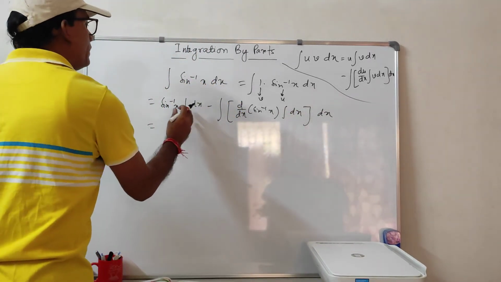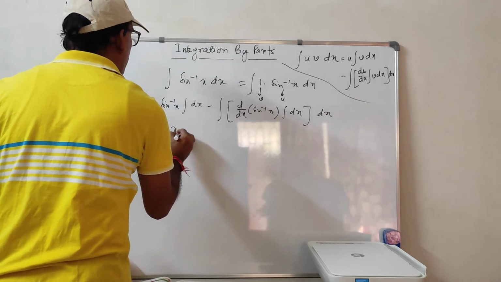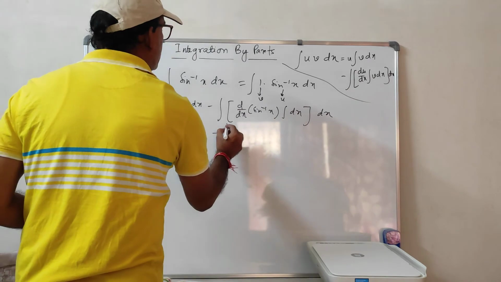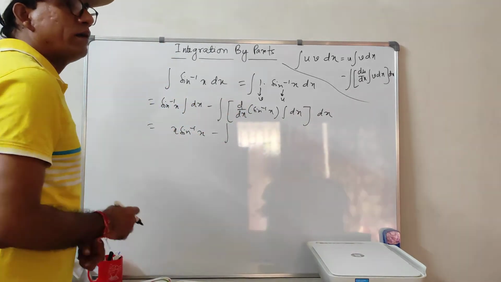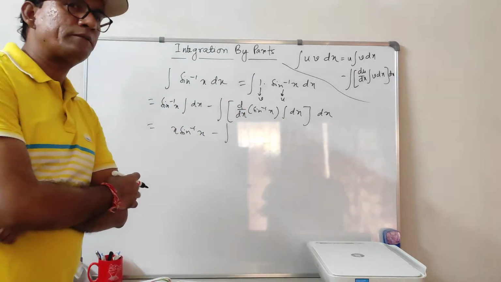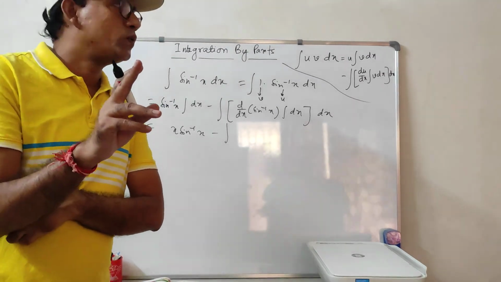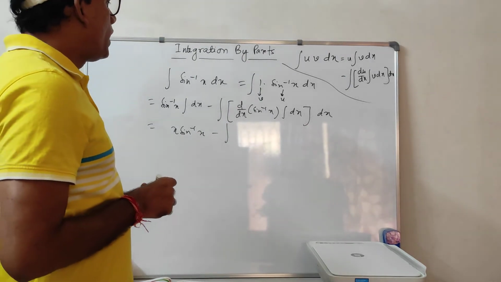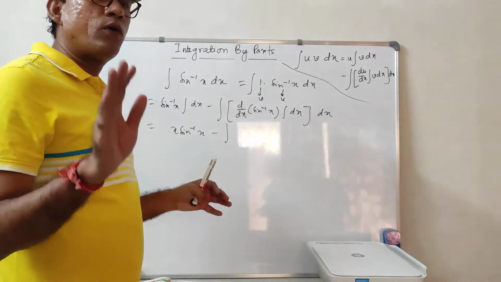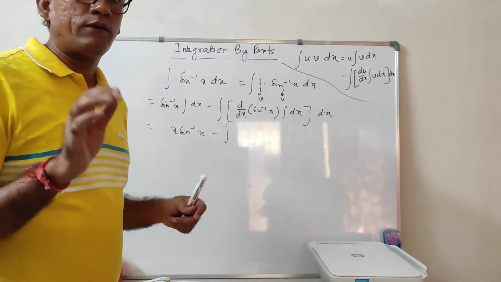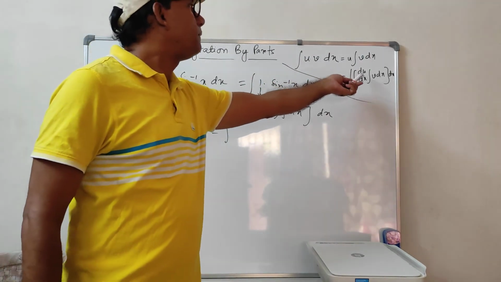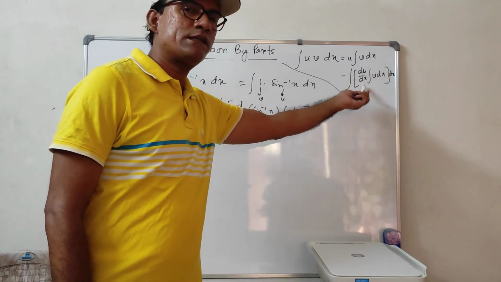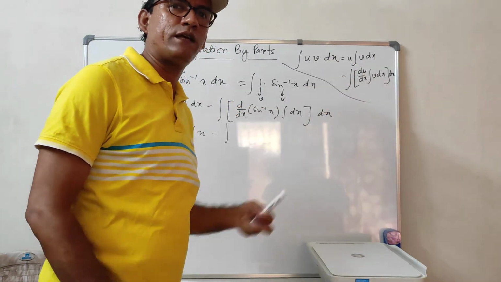Okay, so integration dx you know very well, it is x sine inverse x, we write x generally in the first place, minus integration, what is the derivative of sine inverse x? One thing you must remember, in the integration by parts chapter, you have to remember all the derivative formulas very well, because you can see here a derivative is there, du/dx, you have to differentiate the first function you take.